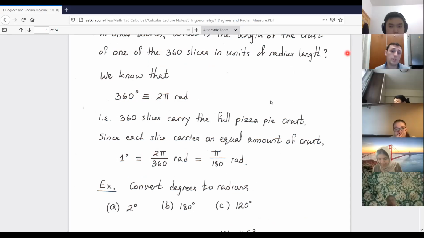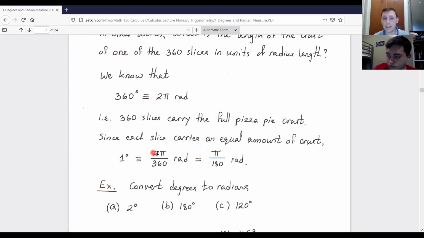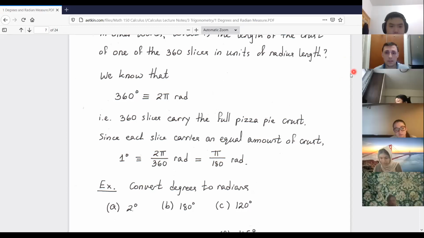I remember even myself in high school, I thought, you say pi is 3.14, so how can pi equal 180? Right? So I am talking about correspondence. 1 degree carries 2 pi over 360 or pi over 180 radians. Good?